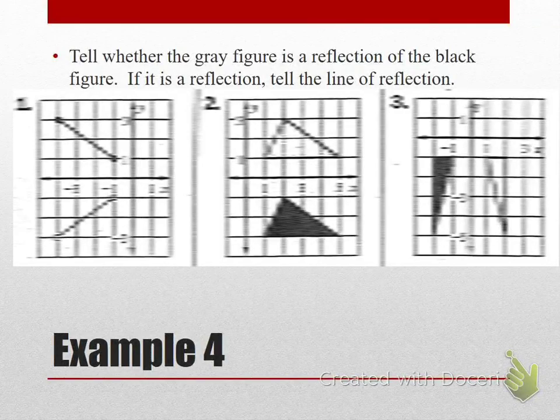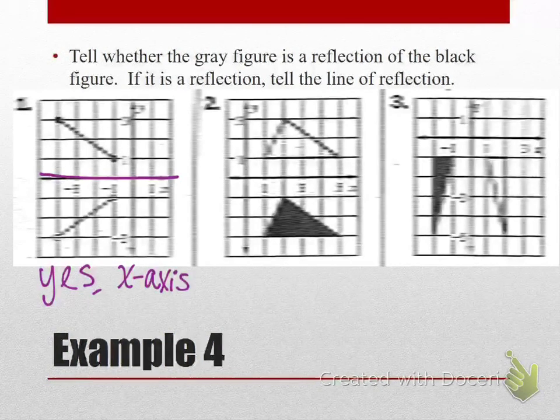On this first one, the one on the far left, does that look like a reflection? Yes. And what would the line of reflection be? The x-axis. We can see they're reflected about the x-axis down the middle, side to side. On number 2, does that appear to be a reflection? No. What didn't change?